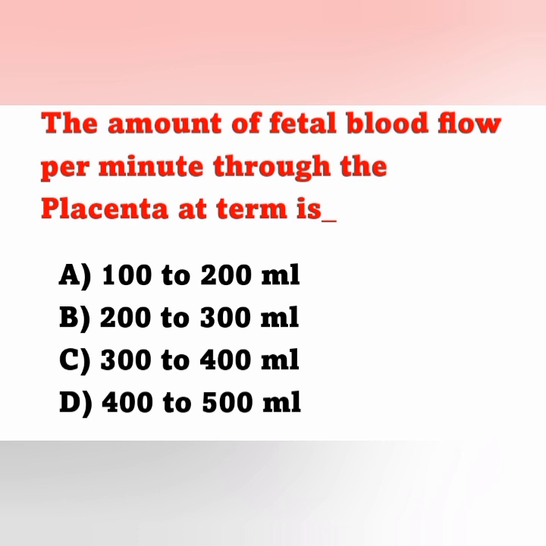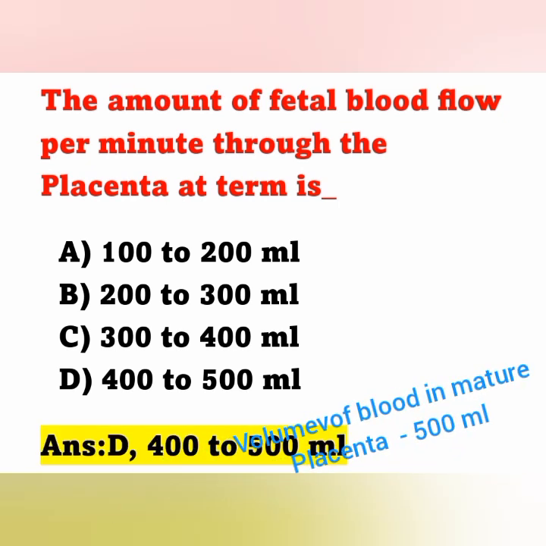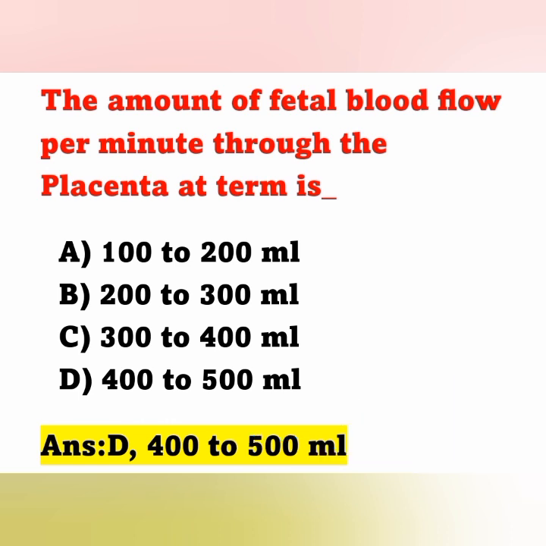The correct answer is option D, 400 to 500 ml. The volume of blood in a mature placenta is 500 ml, and fetal blood flow through the placenta is nearly 400 to 500 ml.